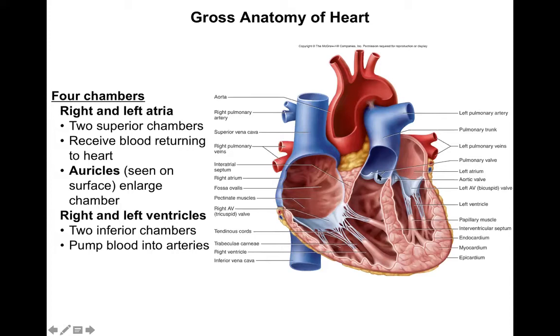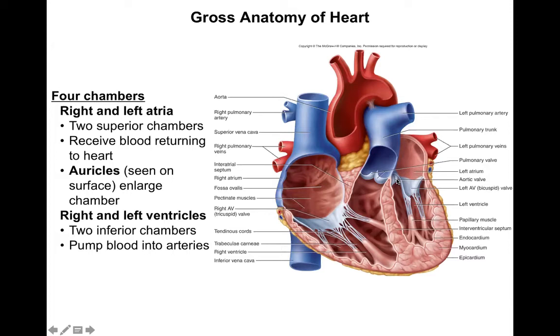So there is one valve here which is known as the pulmonary semilunar valve, or the semilunar valve of the pulmonary trunk. The last valve that you will see is between the left ventricle and the aorta. Remember, the aorta is the largest blood vessel, and the valve here is known as the aortic valve.